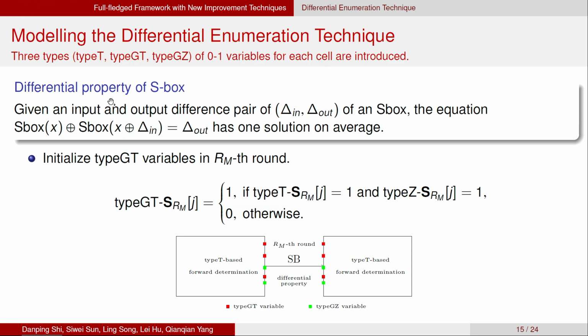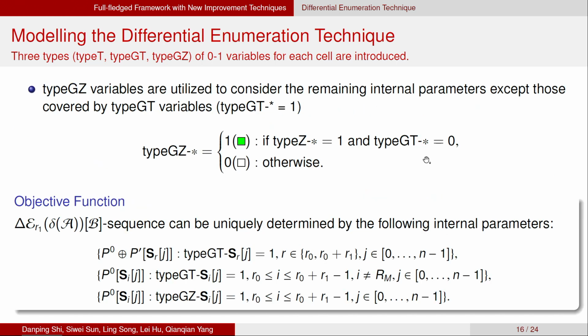With the differential property of the S-box, the value of P0 at these red bytes can also be deduced. To combine with the basic attack, type GT in round Rm will be initialized by type T and type Z. Among all the internal parameters described by type Z, some are bounded by the type GT variables.